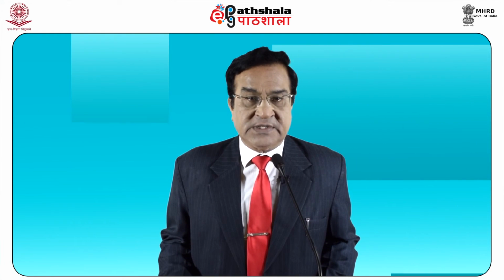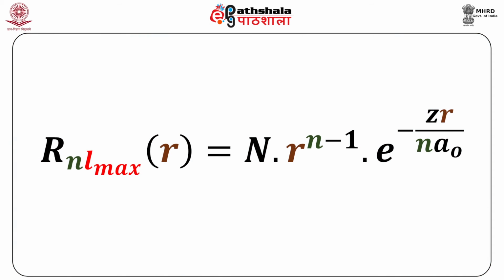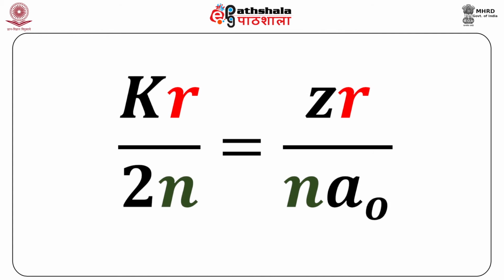And once we do this, our ultimate equation, as we have already defined, is r n L max r, and that's basically equal to n r raised to the power n minus 1 e to the power minus zr upon n a0. So now instead of kr by 2n, we have put zr by na0.